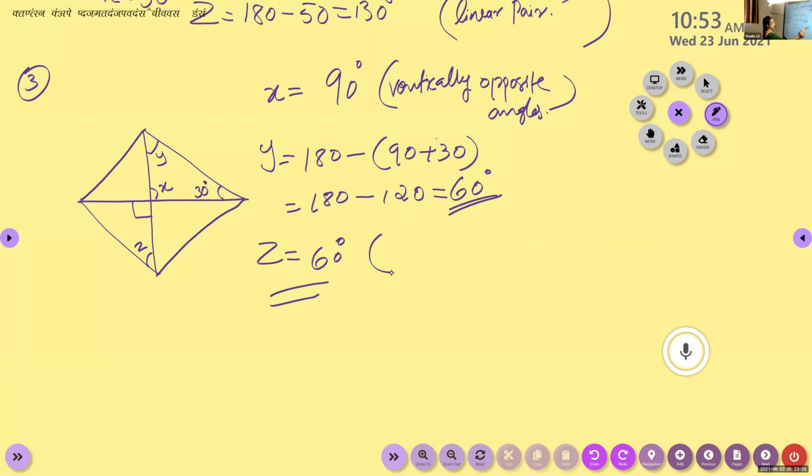What is the reason? 180 minus 90, 180 minus 60, what is it? I'm rubbing it. You find z. Find the value of it.